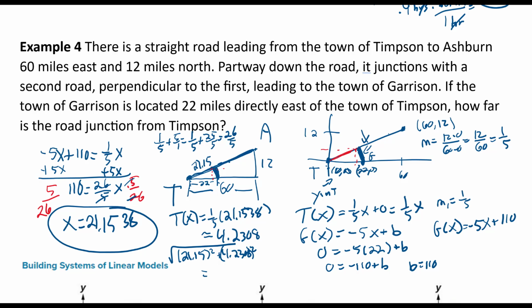So we end up with, let me square this, plus the 21.1538 squared equals that. And I'm going to take the square root of that answer to give us 21.57.